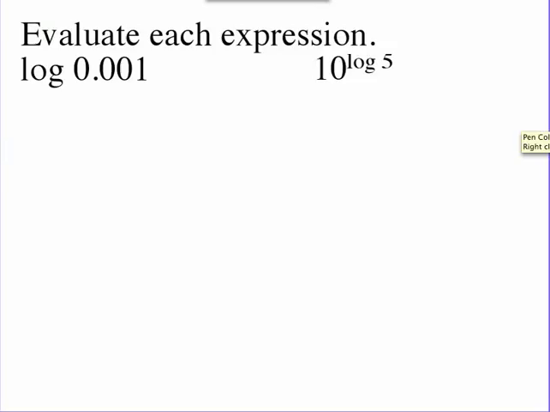So it says log of 0.001. So first of all, we know it's log base 10. So what I need to do is I need to think about how can I write 0.001 as a power of 10. So that is really log of 1/1000. Okay, because that's what it is. It's 1/1000.